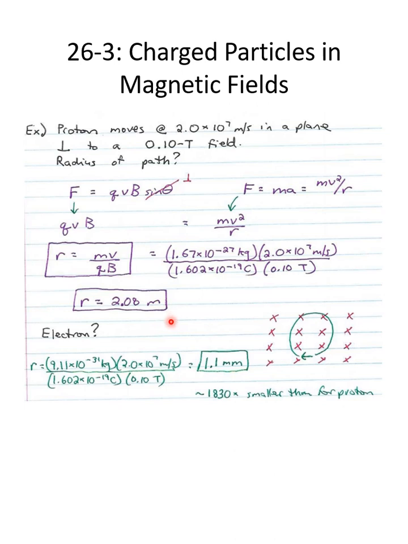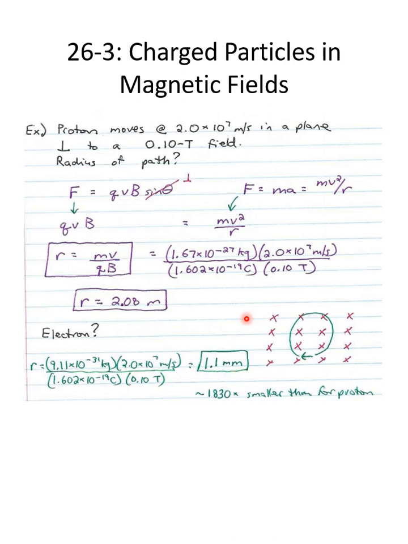Now what if this were an electron? Well, the first thing, the electron would go in the opposite direction, and the math works out the same, r equals mv over qB. So we plug in those values. We have the mass of an electron, the charge of an electron, and it's 1.1 millimeters. So what a difference. The proton has a wide radius of more than 2 meters.